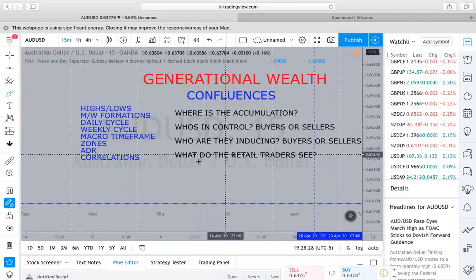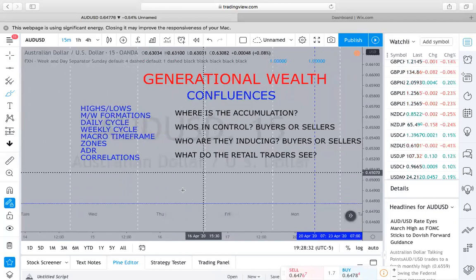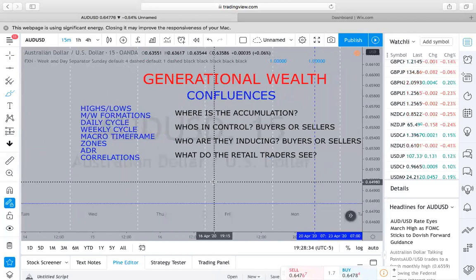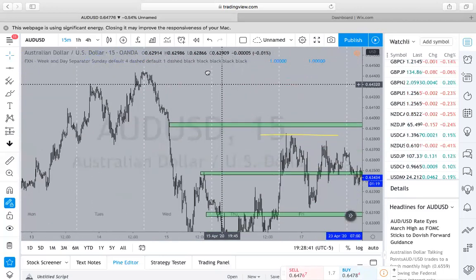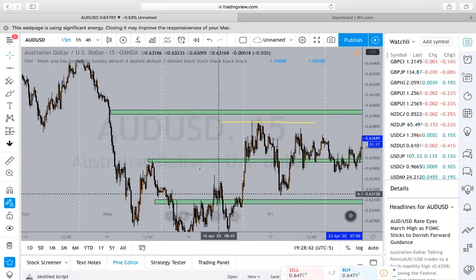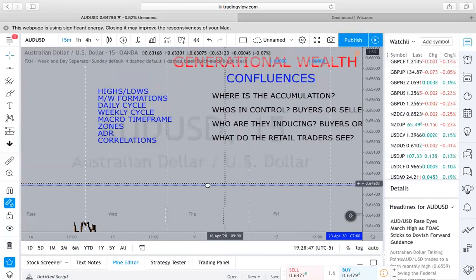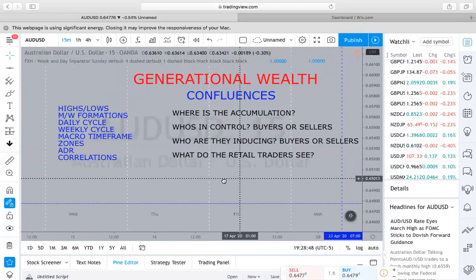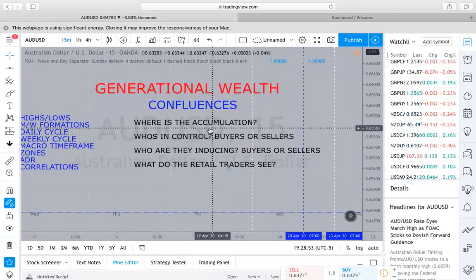Where do you see price just accumulating orders? Accumulation is when price is grabbing orders, or one may say consolidation. That is the accumulation, when they're grabbing orders after they just released profits. You need to know where the accumulation is.